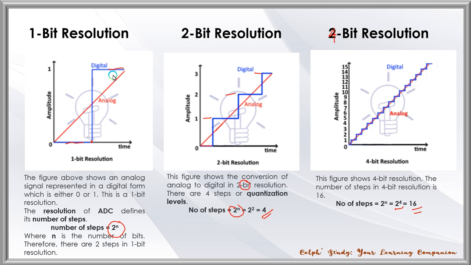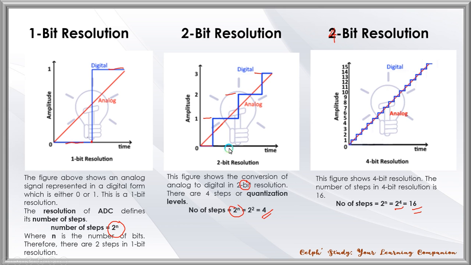So paano determine ang number of steps? Paggamit naton sa formula nga 2 raised to the power of n, where n is the number of bits. Therefore, there are 2 steps in 1-bit na resolution. Same with your 2-bit resolution, substitute ato ni n by 2.